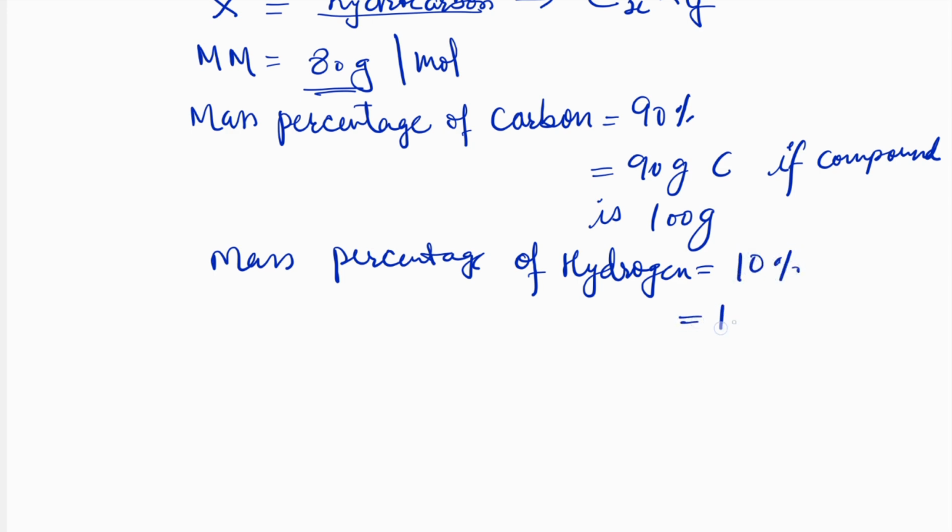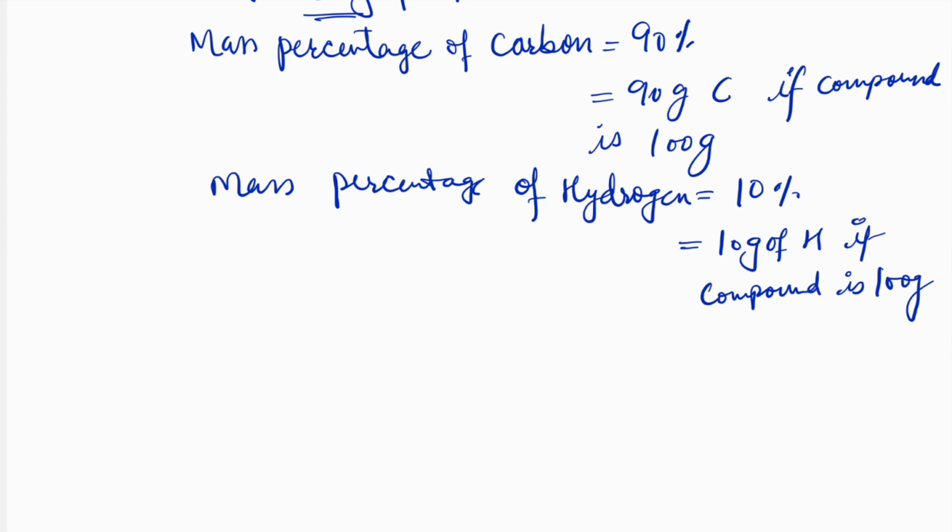Once again that means 10 gram of hydrogen if the compound is 100 grams. Okay, we have to remember that if it is 100 gram, then it is 10%. So let's calculate the mass of carbon and hydrogen in it.